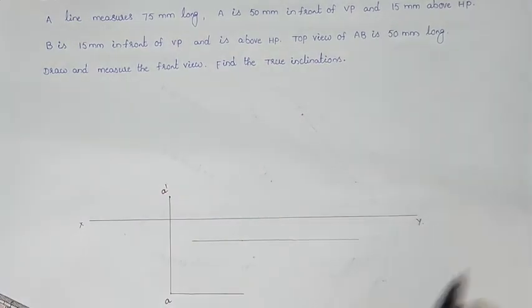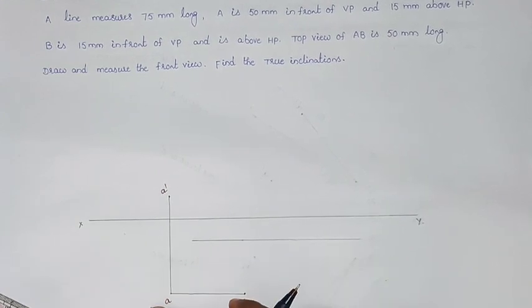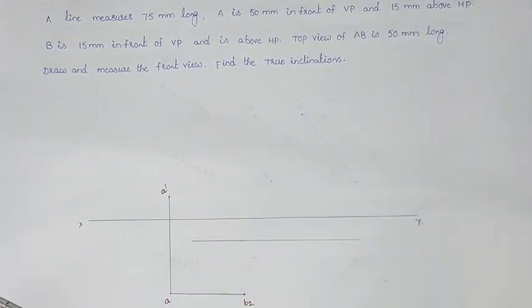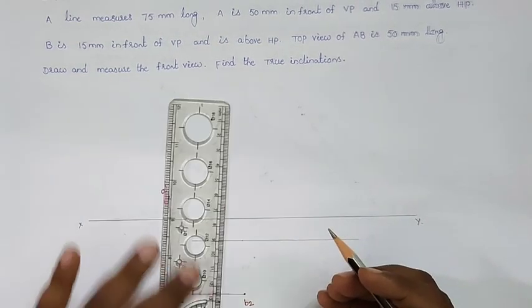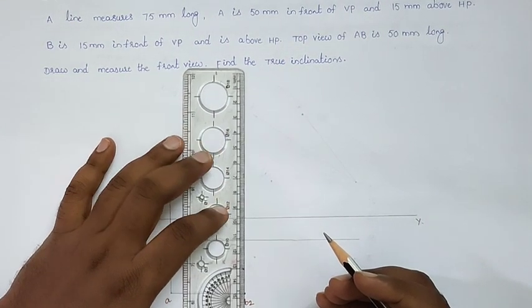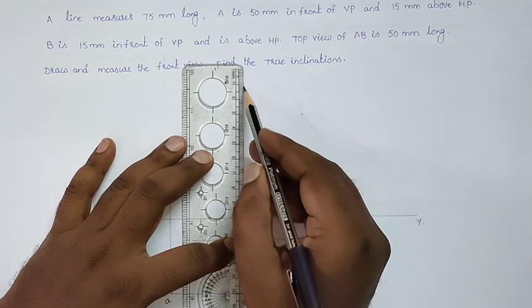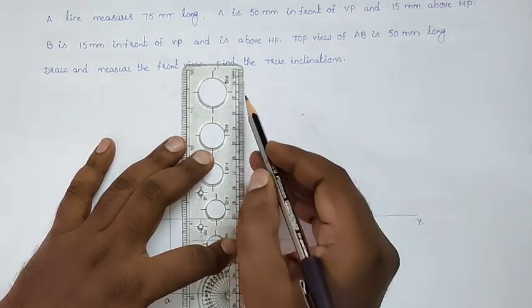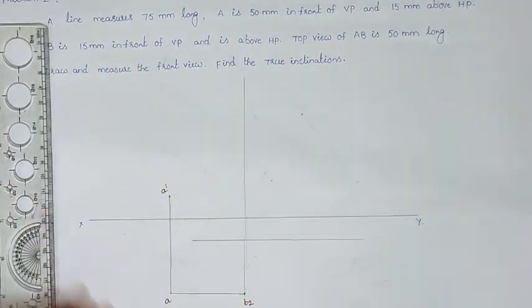So I am locating A. So AB2 length is equal to 50 mm here. After drawing AB2, project this AB2 in the vertical direction. These are the construction lines.